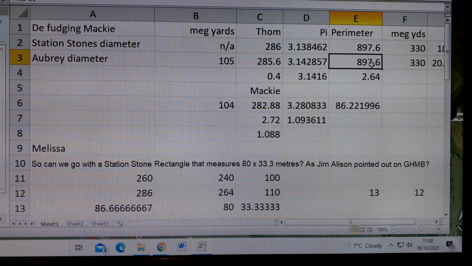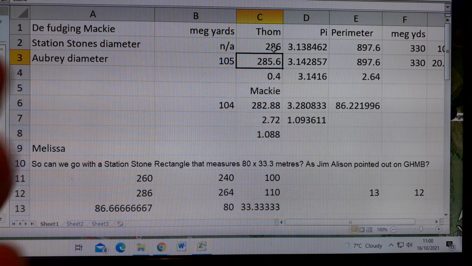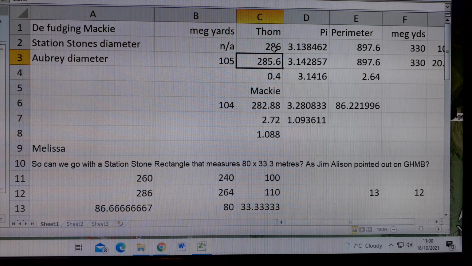No change. The perimeter is always going to be 897.6, but the diameter is going to fluctuate between these 2 values depending on the version of pi that's being used. And this is exactly what I've been saying for a very, very long time. The Aubrey circle is a pi calculation device. And you can choose any version of pi you want between that and that.